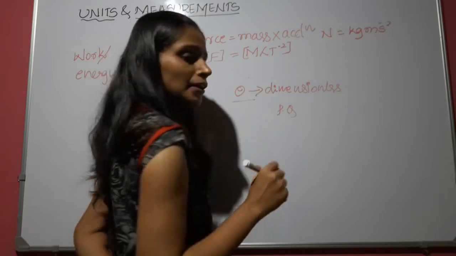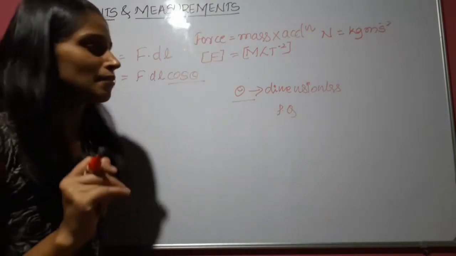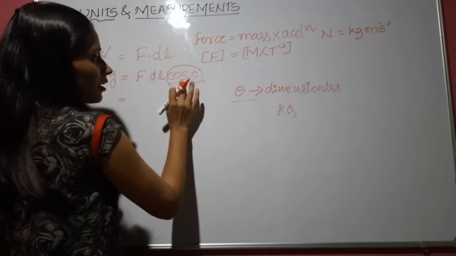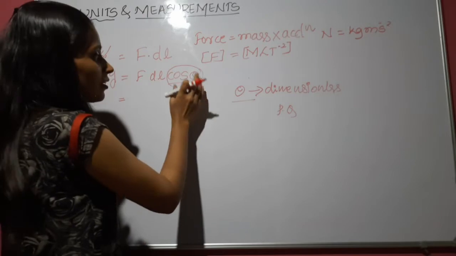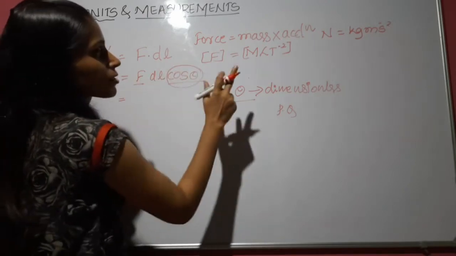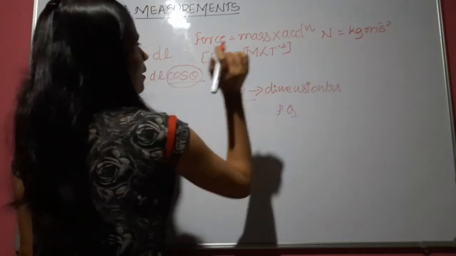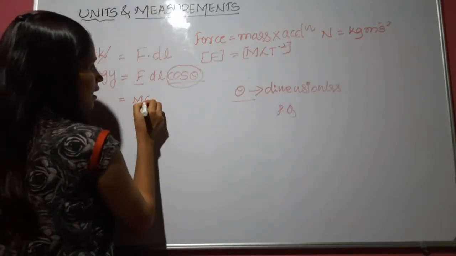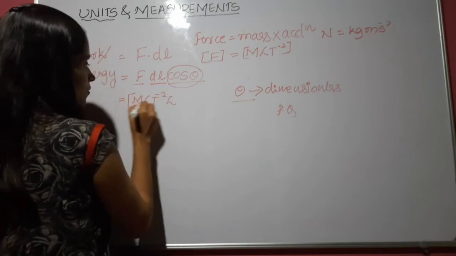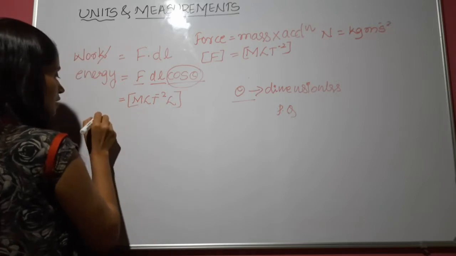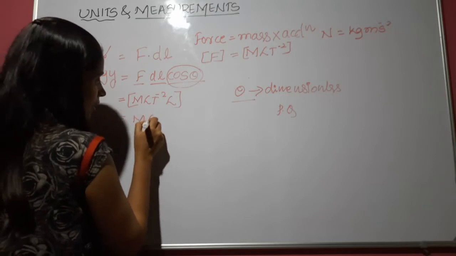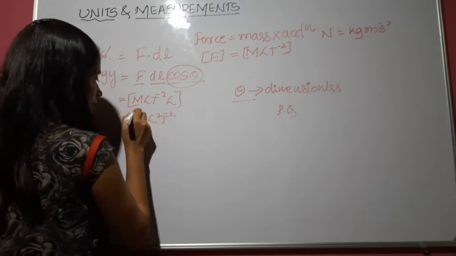Plane angle and solid angle are both dimensionless physical quantities. So cos theta is just a number. So the dimension of force is M L T power minus 2, times dl, length L. So the dimension of energy or work is M L square T power minus 2.